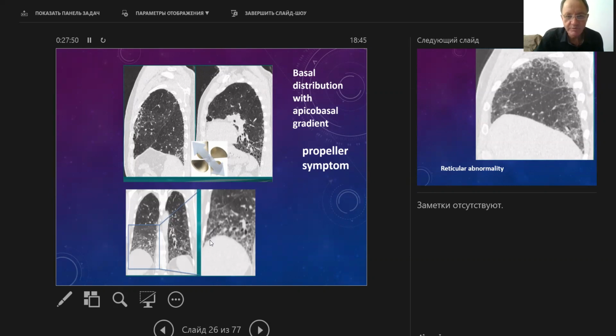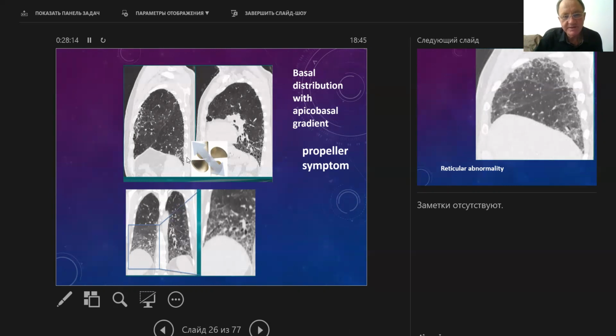It's traction bronchiectasis, and you can see the so-called apicobasal gradient. So in the apex, changes are practically absent, and there is a significantly increased prevalence of reticular abnormalities in the basal part of the lung.